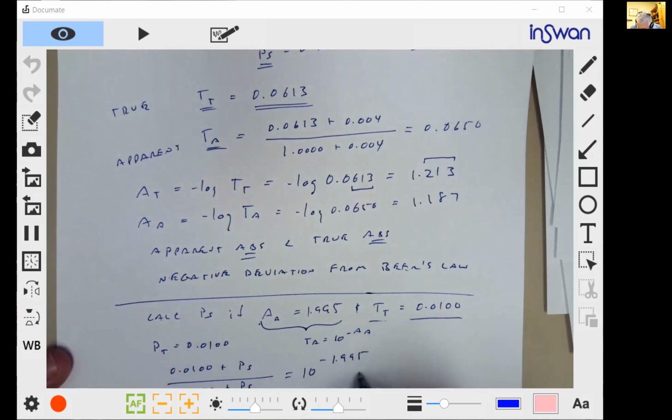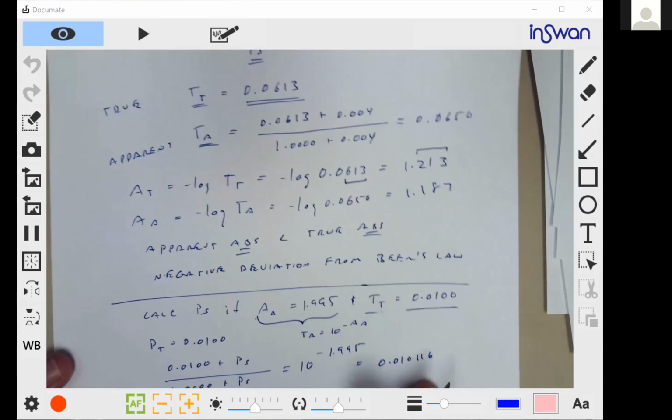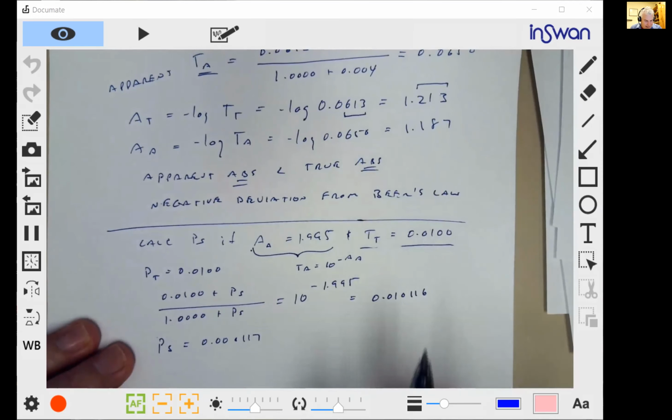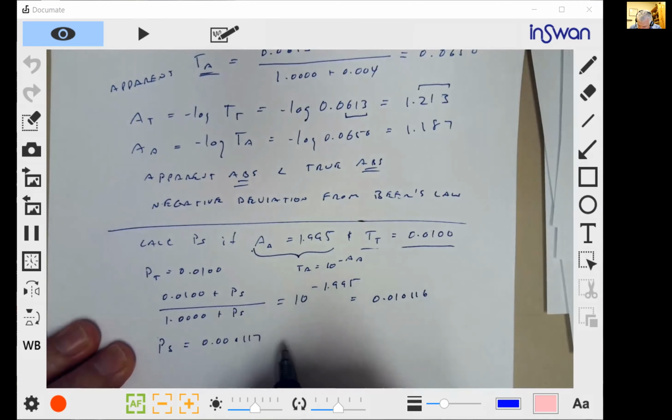And so by doing this, this comes out to a number which is 0.0101116, right? And then you can solve this for P sub S, which is equal to 0.000117, right? And then this is 0.01%.